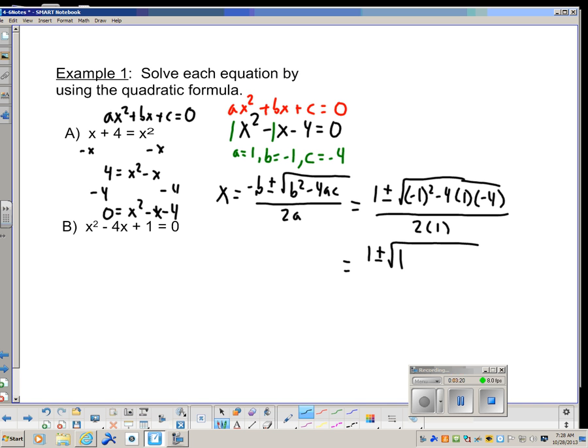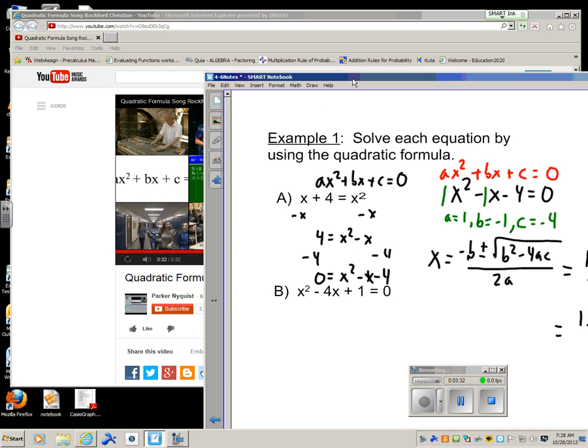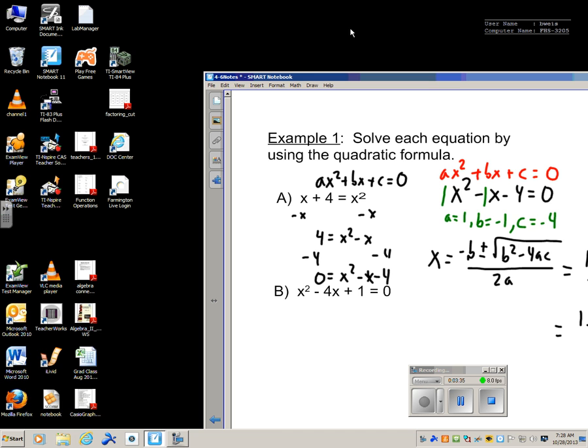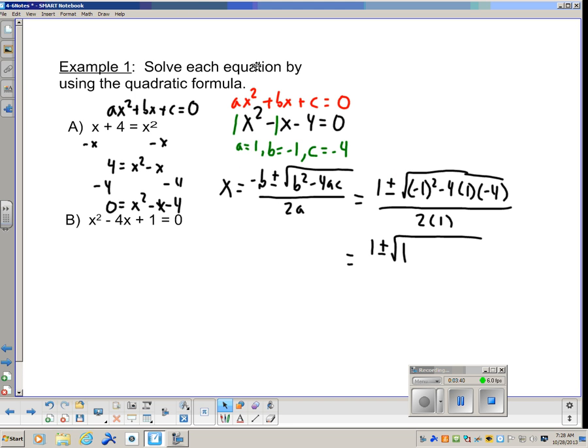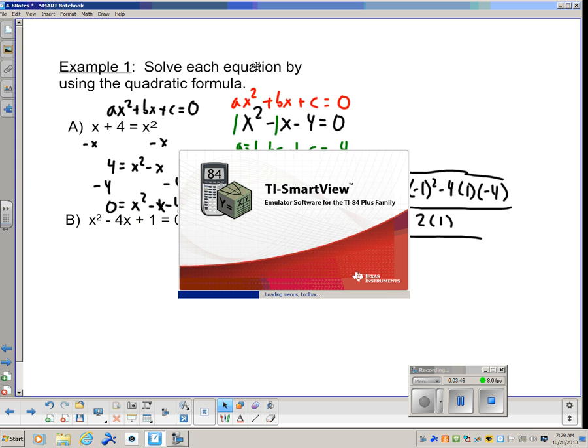What I do on my calculator when I do this, I just go ahead and plug it into my calculator. I think I'm just going to go ahead now and bring up my calculator so that you can see how I put mine into the calculator here. So pulling that up. It's coming onto our screen here.